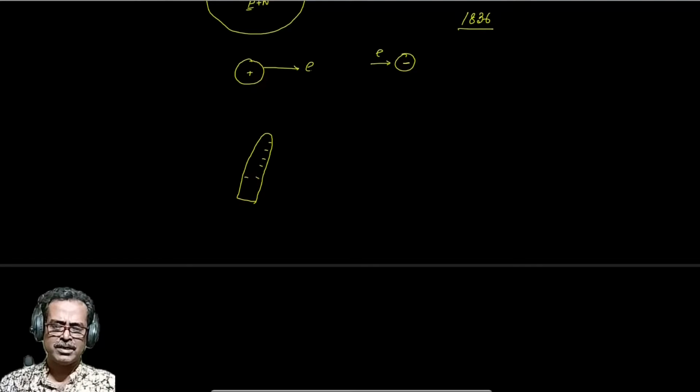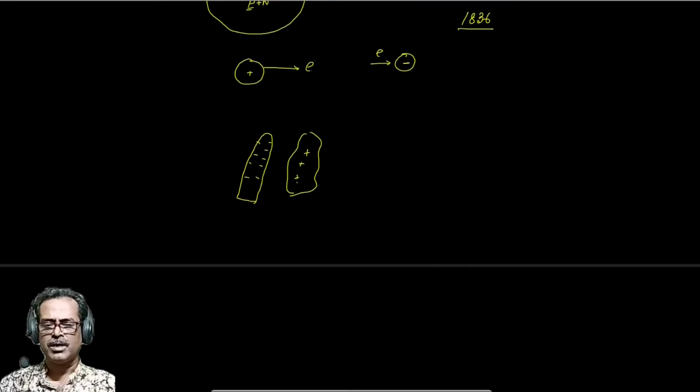On the other hand, the silk which shares that electron is converted into positively charged. We know that the total charge in the universe is constant and we cannot create or destroy charge. It can only transfer from one body to another body. Now, this is a mechanical process of charging a material.